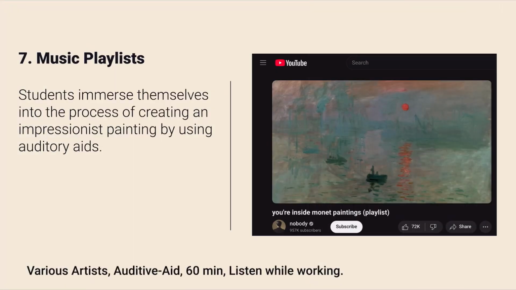Now, I am also really excited to hopefully one day in my classroom provide my students with the opportunity to use auditory aids, because I think when students immerse themselves in the process of creating by playing music that they enjoy or music that relates to the time period that we're studying, there could be a lot of benefits obtained from that, because the students are introduced to content that they probably haven't heard of or are a little familiar with, but it takes it to the next level for them.